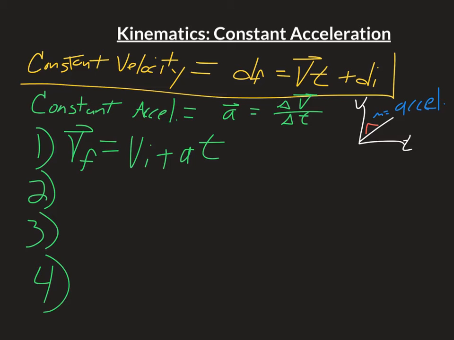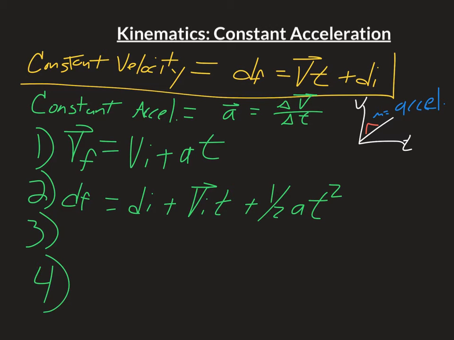It's a little bit more complicated, but it is d final is equal to d initial plus velocity initial times time plus 1/2 of acceleration times time squared.